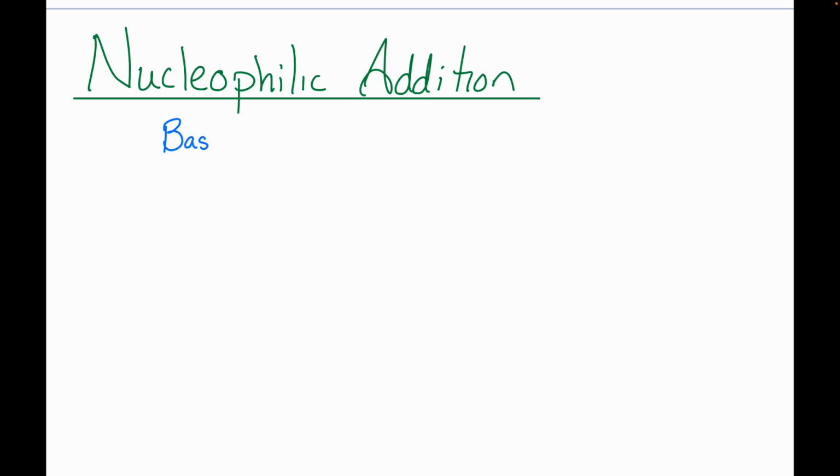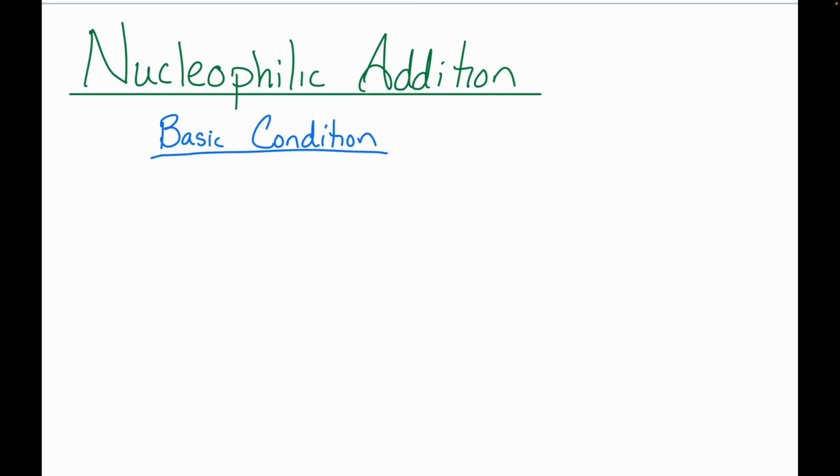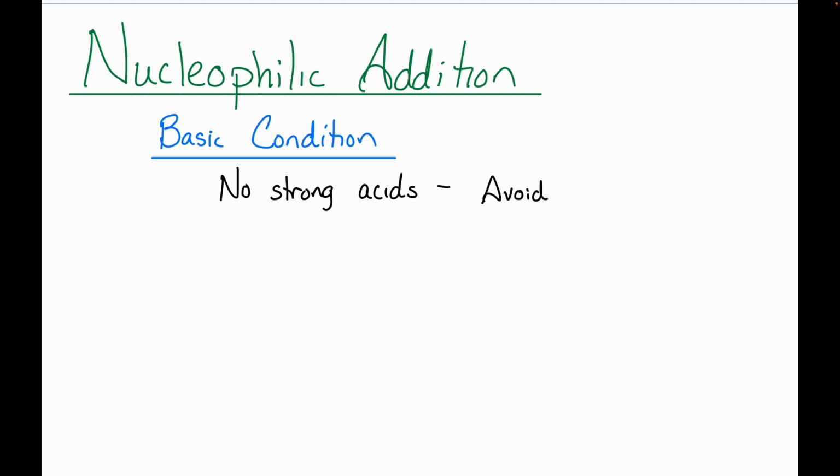We have our basic condition nucleophiles, meaning no strong acids are allowed. We said a simple way to spy that we've got a strong acid that we want to avoid. So we're going to avoid positively charged intermediates.